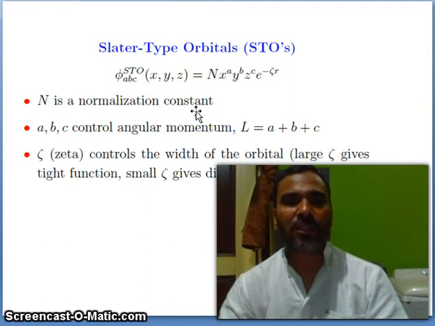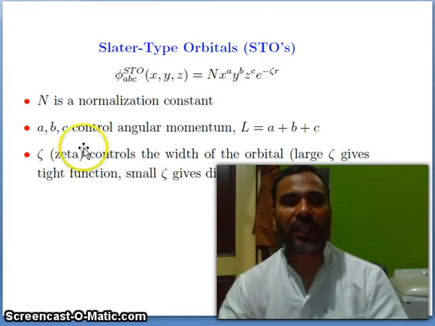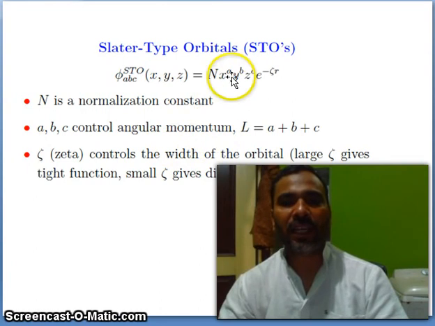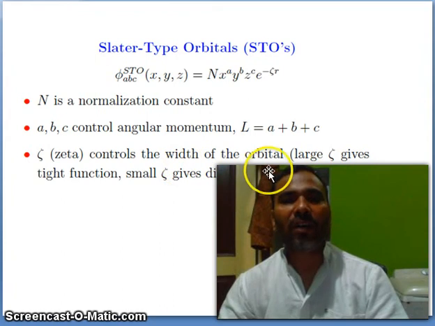In quantum chemistry you know normalization. A, B, C control the angular momentum. You know the Lx, Ly, Lz angular momentum. So the angular momentum is A plus B plus C. And this zeta controls the width of the orbitals.